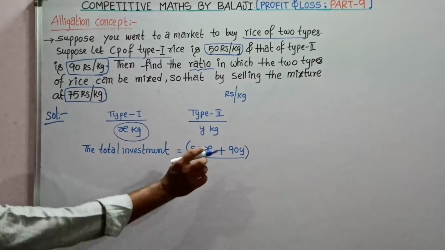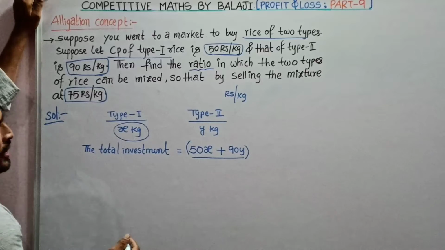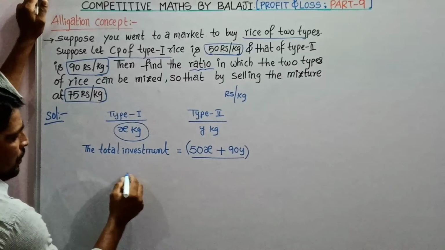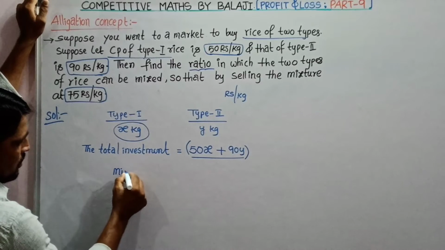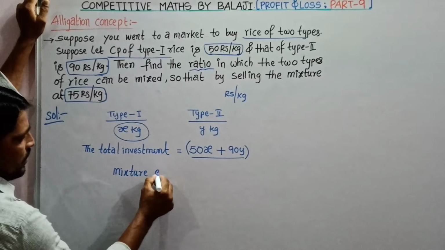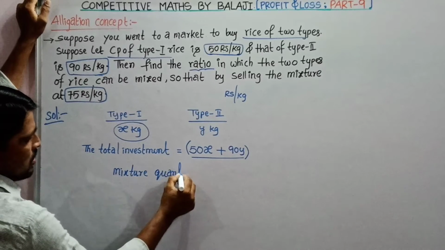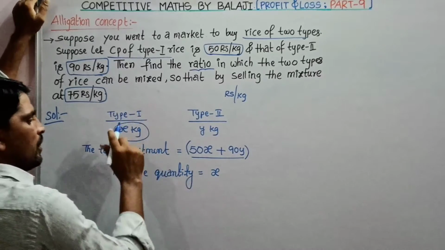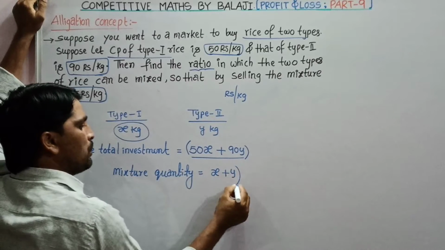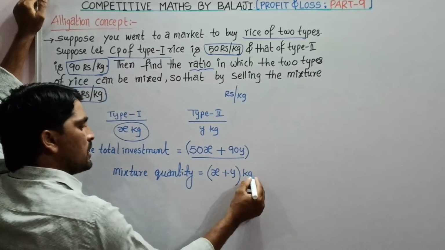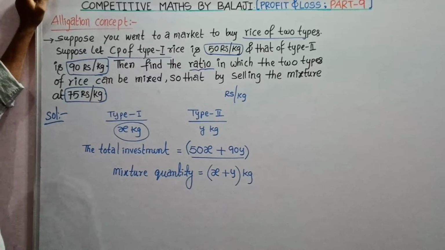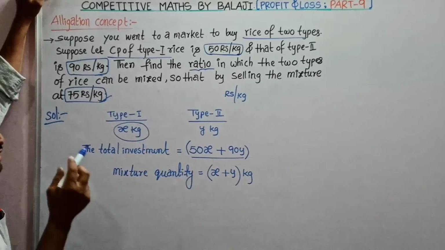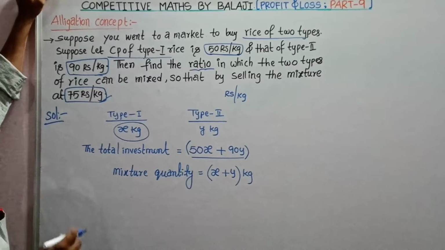Now we are making a mixture with the help of these two types of rice. The mixture quantity is x kgs of type 1 rice plus y kgs of type 2 rice, so the quantity of mixture is x plus y kgs, and given that the mixture is sold at 75 rupees per kg.